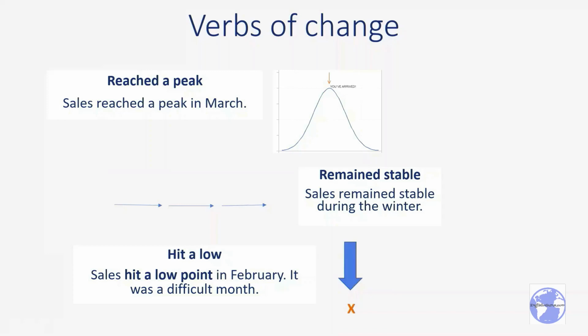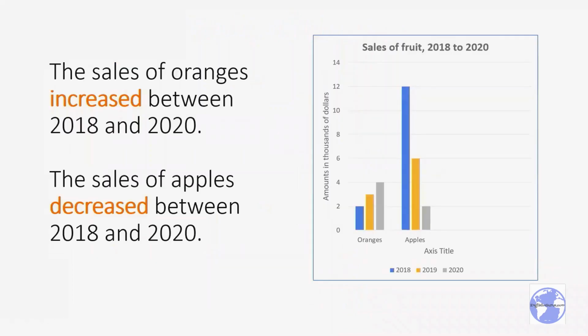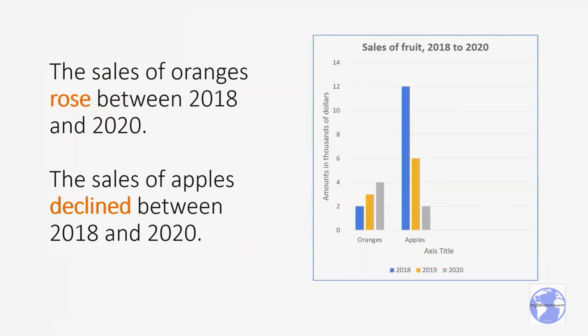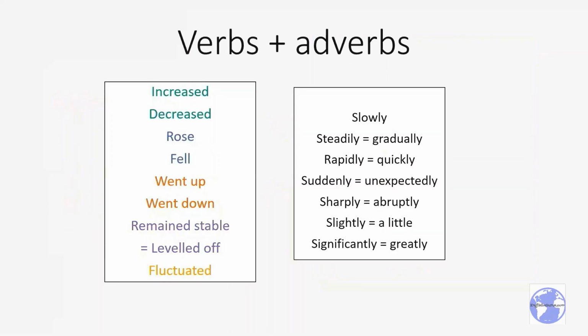That means the base level. When you look at the graph, the sales of oranges increased and the sales of apples decreased. Or indeed, you could say the sales of oranges rose or the sales of apples declined. So if you want to change up the vocabulary there and make it more interesting.